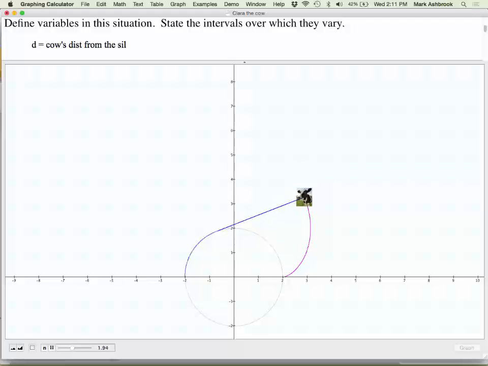All right, now I'm making progress. Okay, so can we be more specific? What do you mean by distance from the silo? Well, based on the rope curves around the silo. Okay. So like perpendicular distance to the silo? Okay.